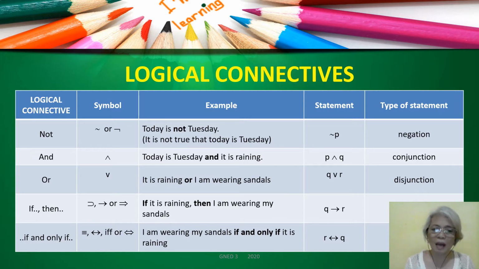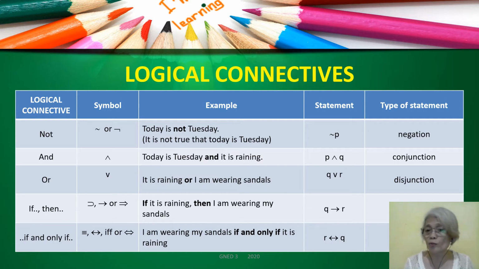Like in this example, I am wearing my sandals if and only if it is raining. The symbol for a biconditional is a double-headed arrow, where a single arrow is used to denote a conditional or an implication. So again, we use and for a conjunction symbolized by hat.